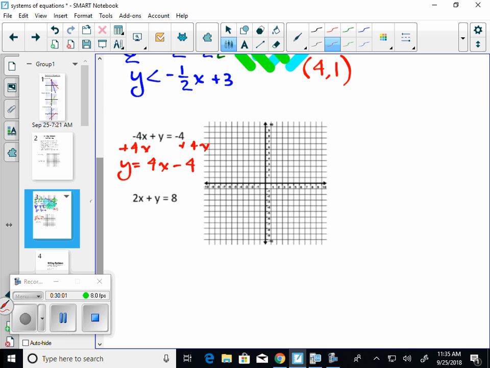Let's go ahead and switch the other one so we can graph all at once. So subtract your 2x from both sides, please. So y is equal to negative 2x plus 8. And let's graph. I want you to graph and then we'll check it. So here's the first line. This is your 4x minus 4 line. I'm going to go ahead and graph the next one where I start at positive 8.